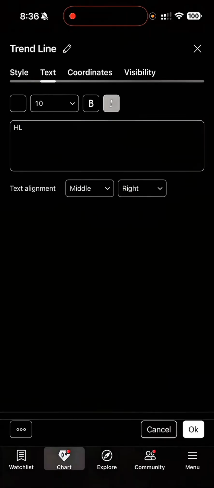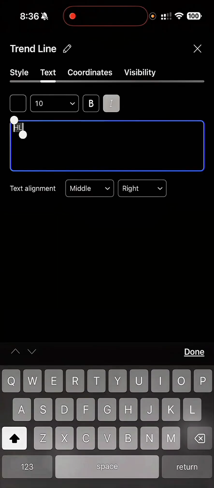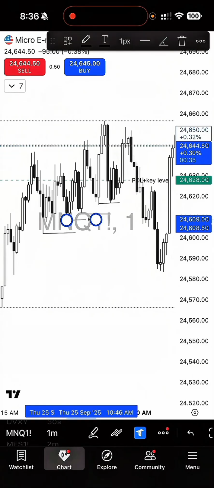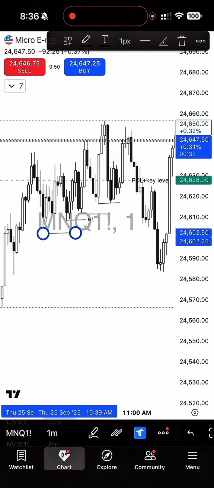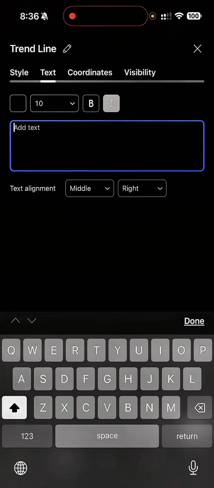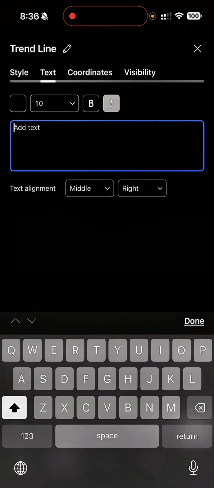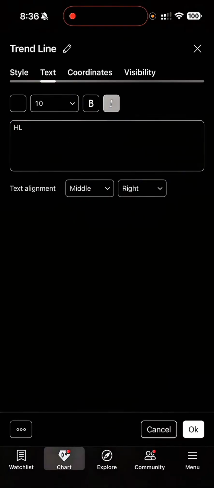Higher low. Higher low. Let me mark those on while I'm trading, but this was literally the confluence behind my trade. That's why I went here.